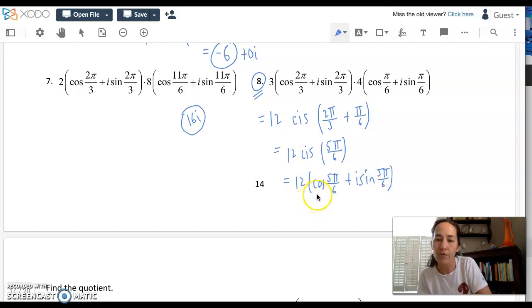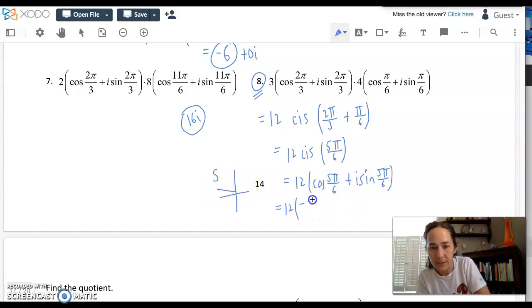Okay, so now for simplifying. 5 pi over 6, I want to keep in mind just what quadrant I expect to be in. So I want to be in quadrant 2, where the sine and its reciprocal are positive, but the cosine is negative. This will be 12. Well, 5 pi over 6, you're going out further than you're coming up. So we'll say 12 times negative square root of 3 over 2, your exact value for cosine of 5 pi over 6, plus i, and then the sine of 5 pi over 6 should just be a half.